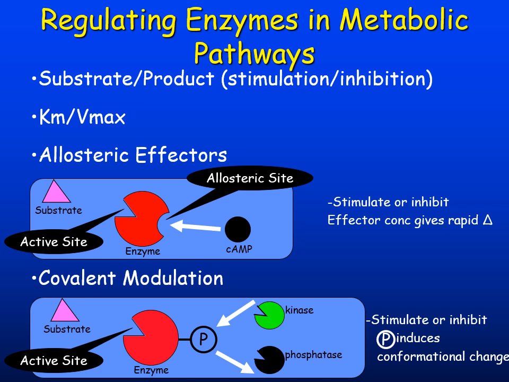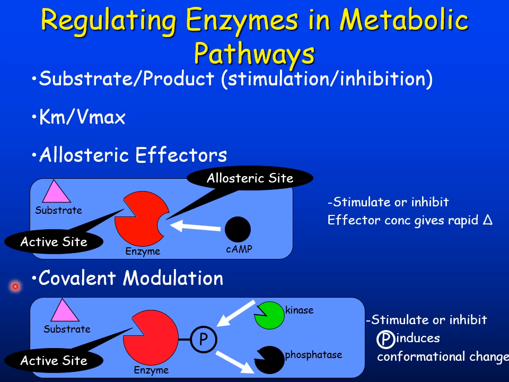So for example, cyclic AMP is a classic example of an allosteric effector. It will bind to an enzyme, changing the shape of its active site, and in some cases speeding it up, and in some cases slowing it down. It really depends on that specific scenario. But nonetheless, this is called an allosteric form of regulation.